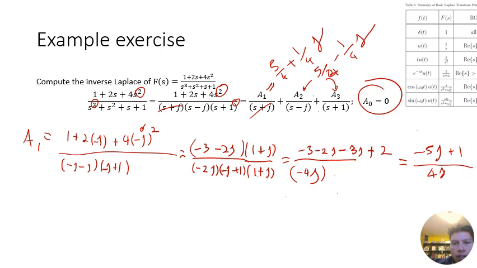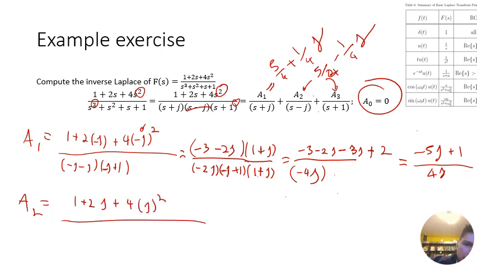Okay, so to do a2, we multiply everything by j minus 1, which gets rid of this, and then we evaluate at j. So a2 will be equal to 1 plus 2j plus 4j squared divided by j plus j plus 1.